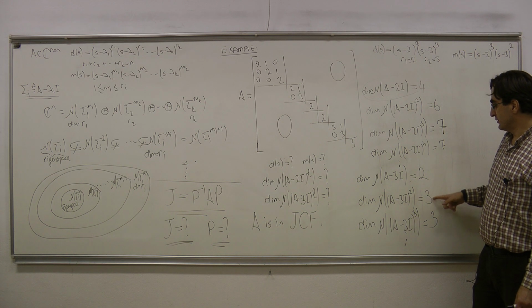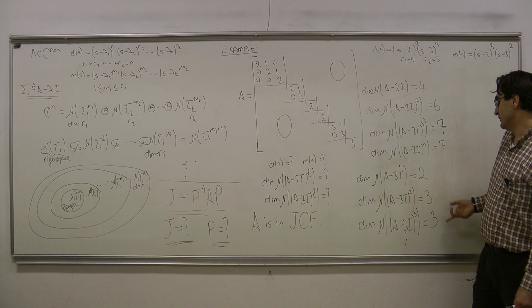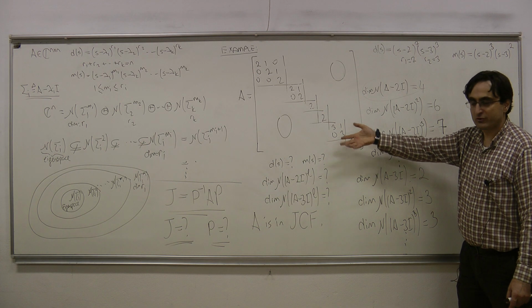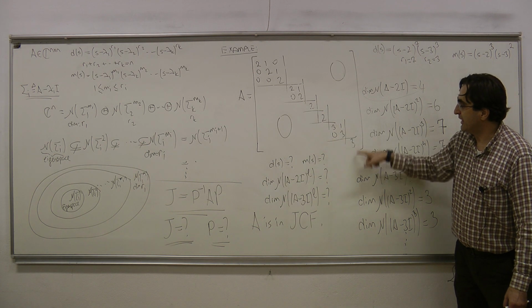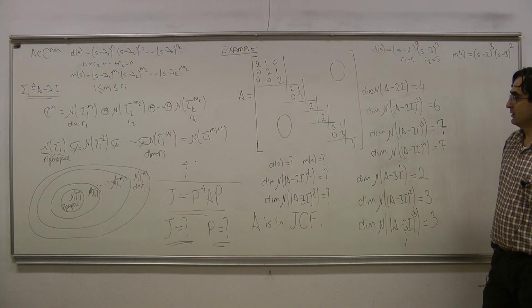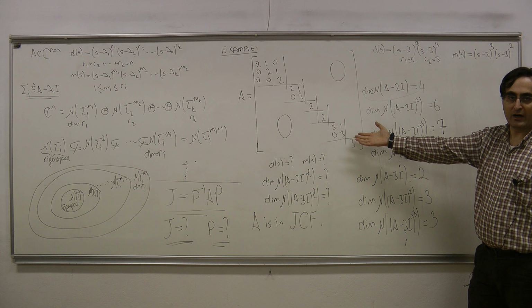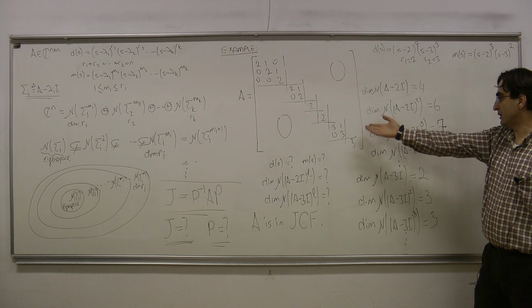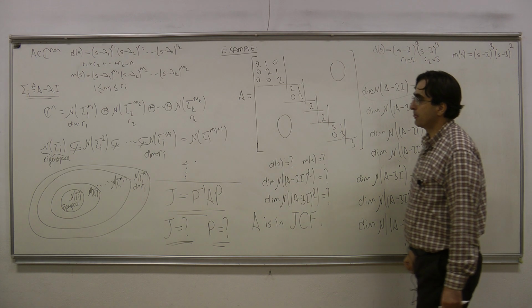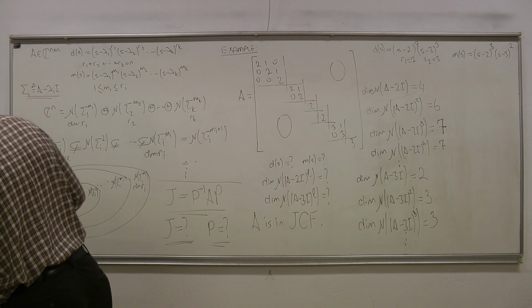And this increase, which is 0 from 3 to 3, happens because the number of Jordan blocks whose size is larger than or equal to 3 is 0 for the eigenvalue 3. Okay? There are no Jordan blocks with size 3 or higher for the eigenvalue 3 for this matrix. Okay? So now let us try to write these findings.